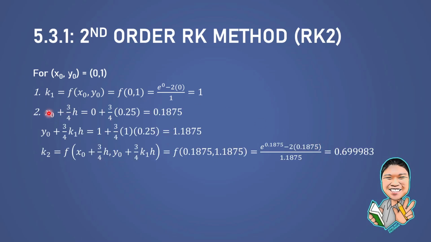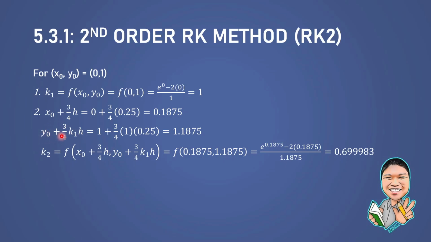Hanapin nyo muna yung x sub 0 kasi, diba, ito yung formula ng k sub 2. Ang gawin nyo muna, hanapin nyo muna class, yung value ni x sub 0 plus 3/4 h. X sub 0 plus 3/4 h is equal to 0 plus 3/4 ng 0.25. So, that is 0.1875.